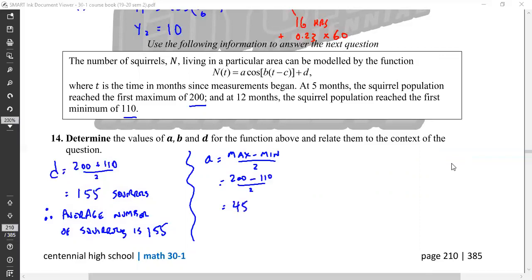It's 45. How does that relate to the context? Well, this one's a little bit more artificial.